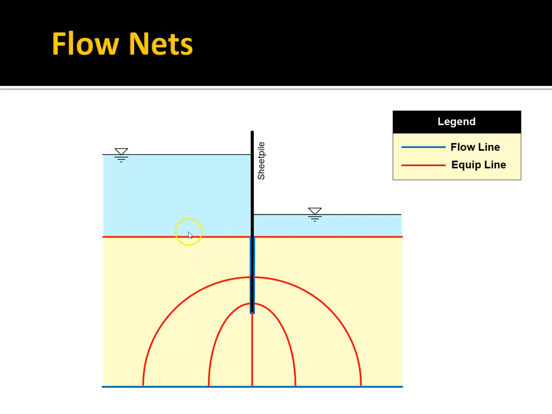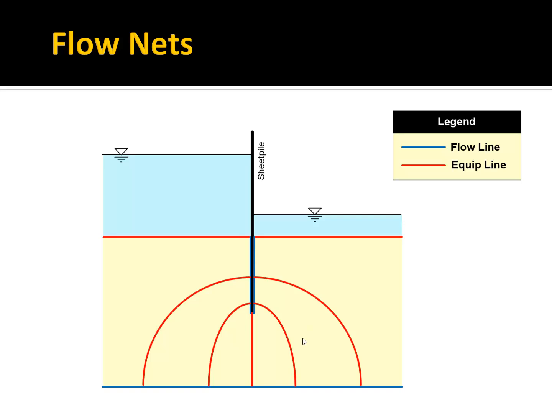We start out at this high head value here, and as the water goes down through here, you lose head. You go from one head value on the left to a smaller head value on the right. So these lines are basically contours of how that head is lost as you move from the left to the right.